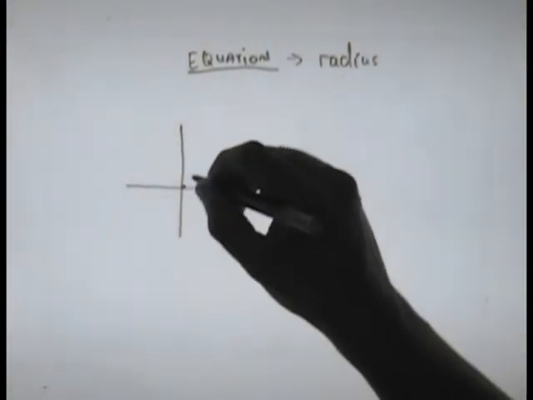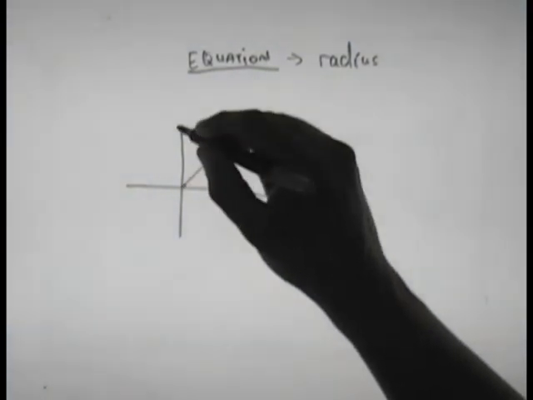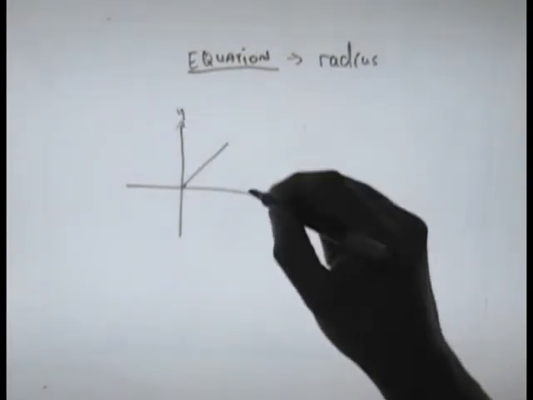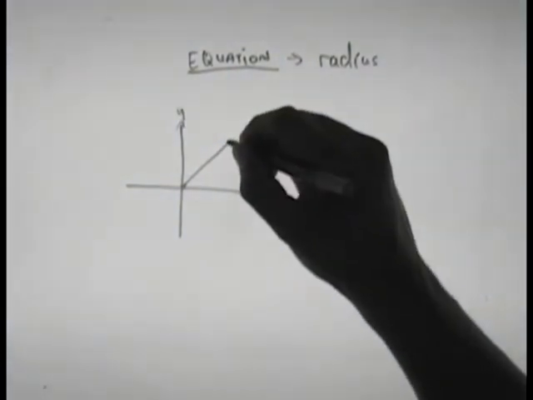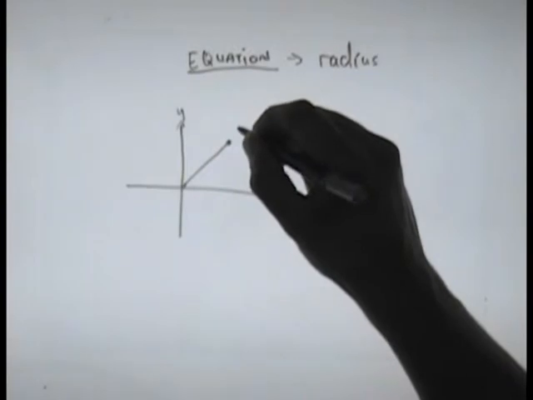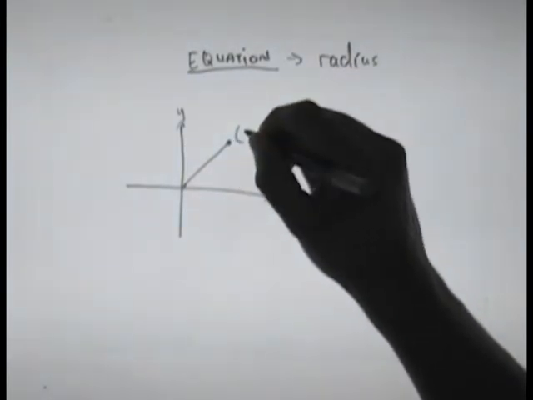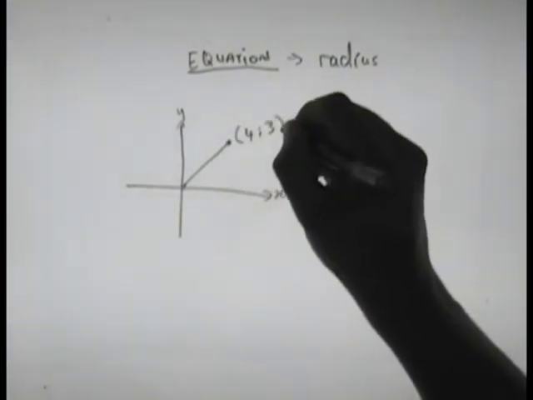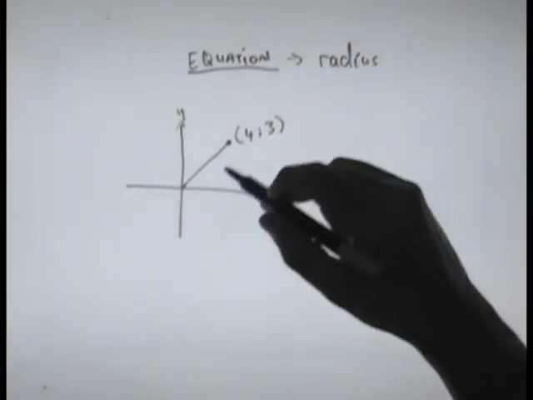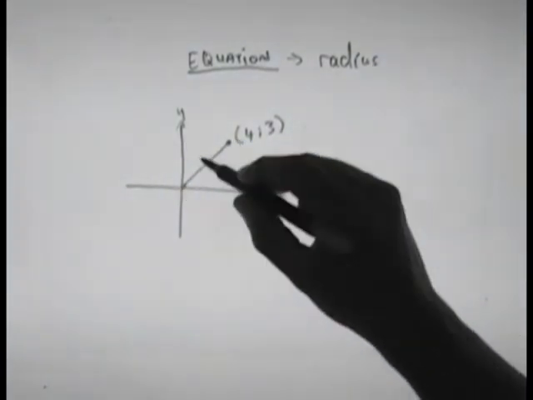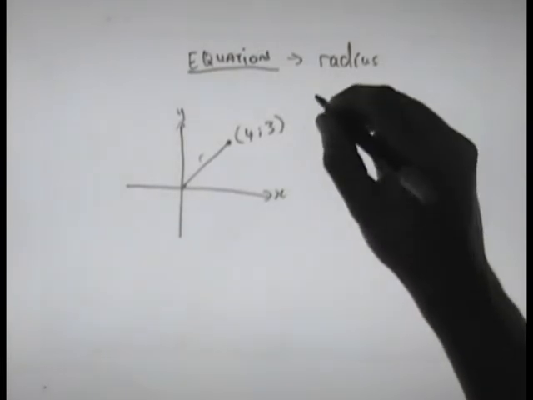If I am drawing a line from my 0 point, 0, 0, my origin, and I'm drawing it to the point x is equal to 4, y is equal to 3, let us look at what the distance of that line would be. Let's call that line r.